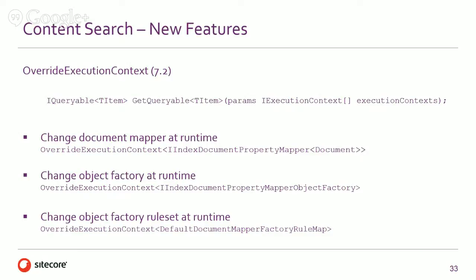You can set some defaults in the configuration, but if you have some part in your application where you specifically need some different behavior, you can pass in some execution context through the getQueryable call, and we will pick that up and change that out. So we support changing out the document mapper. We support changing out the document mapper object factory, and the rule set for the object factory as well. So you can change the default of the rules as well.